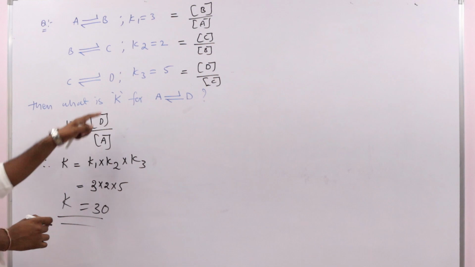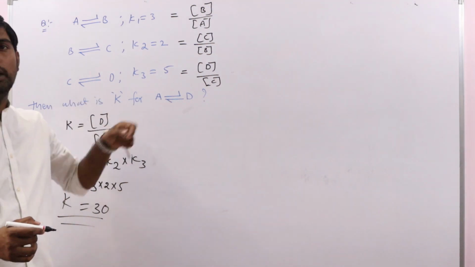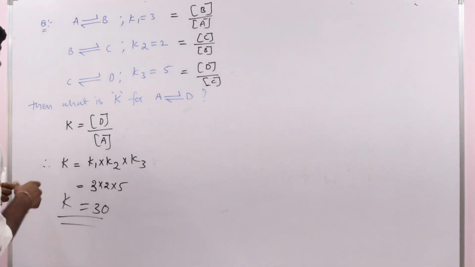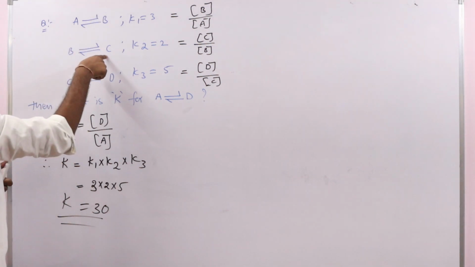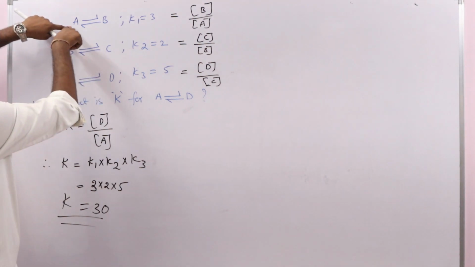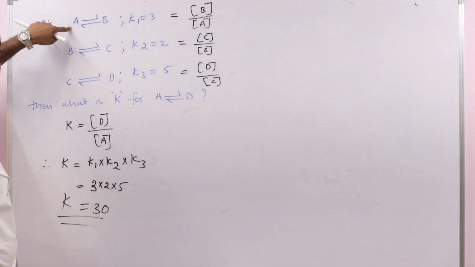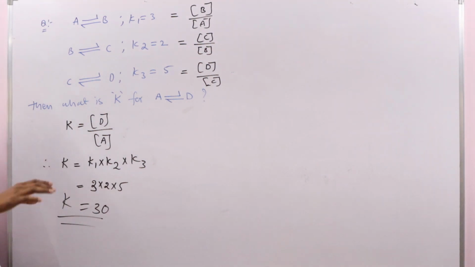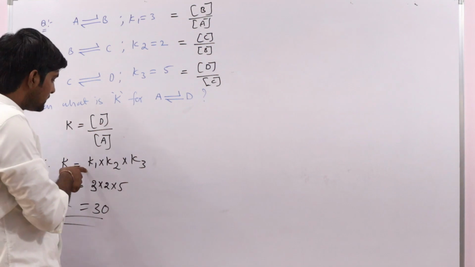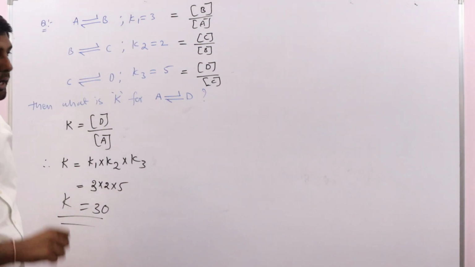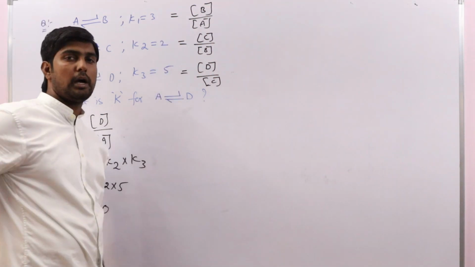The equilibrium constant for this reaction is 30. If you add these reactions, B gets cancelled, C gets cancelled, and in the overall net reaction we have A gives D. So this is the direct method: when two or more reactions are added, just multiply the equilibrium constants of the reactions we are adding to get the new reaction.